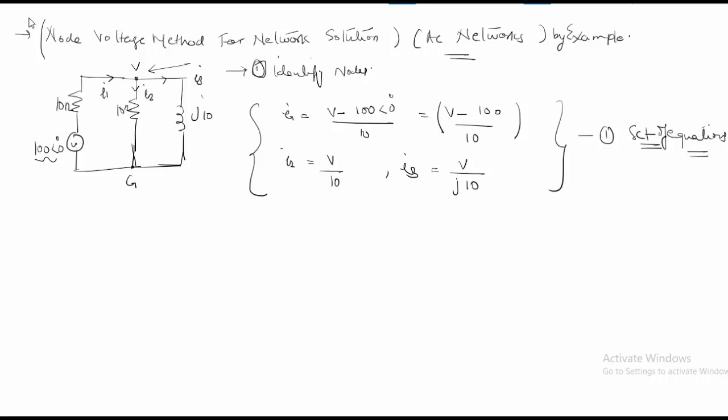So I can find my V by, the first step, writing all branch currents in terms of node voltage.